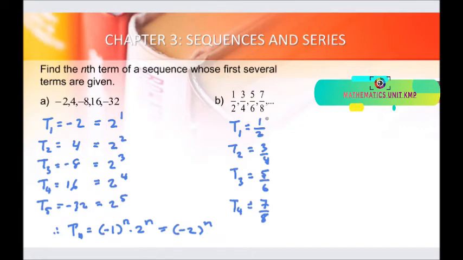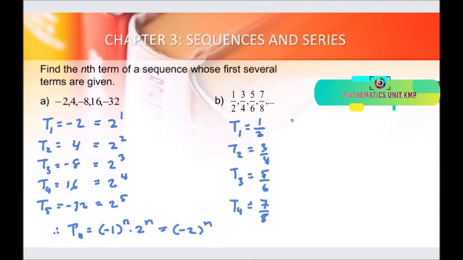Now we look at the numerator, 1, 3, 5, and 7. So we try to relate the terms with the numbers we have here. To get 1, either 1 multiply with 1 or 2 multiply with 1 minus 1.